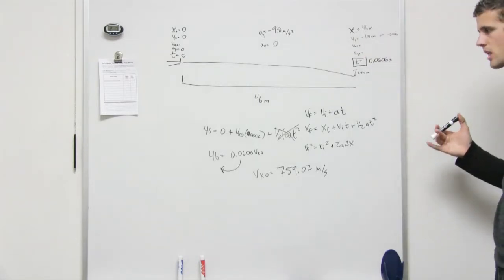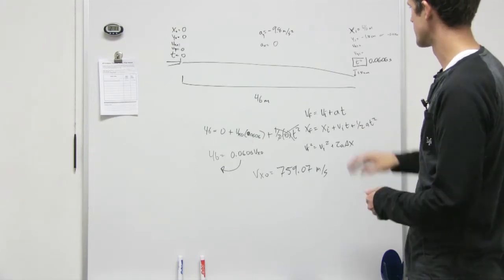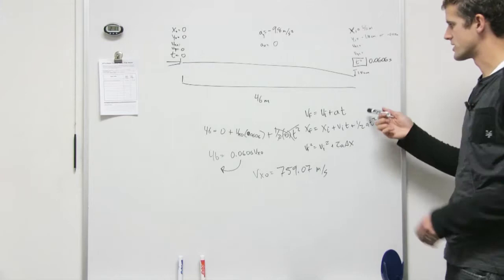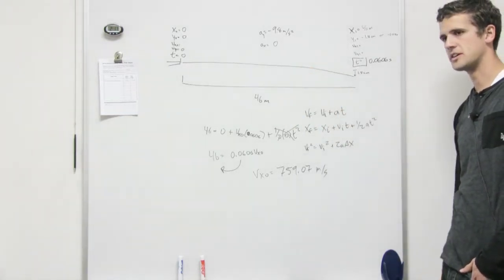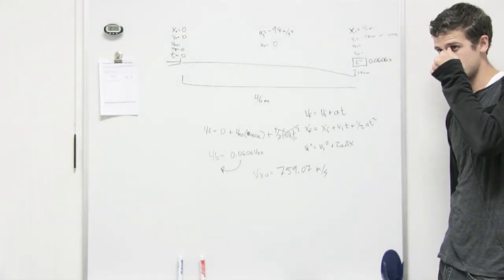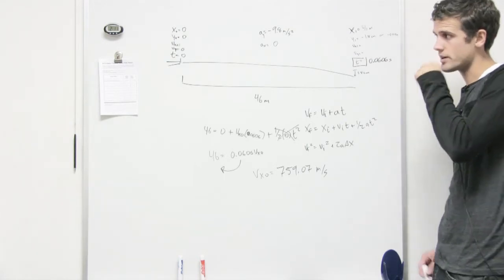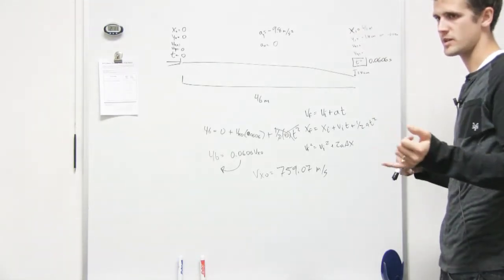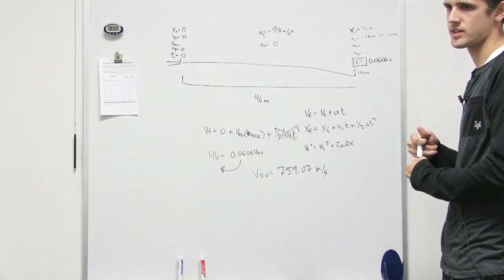If you just have the equations and your picture, you're going to have a hard time deciding which one will work. So pick the points you're interested in, usually the beginning and the end, and sometimes a middle point, maybe two middle points if things change.